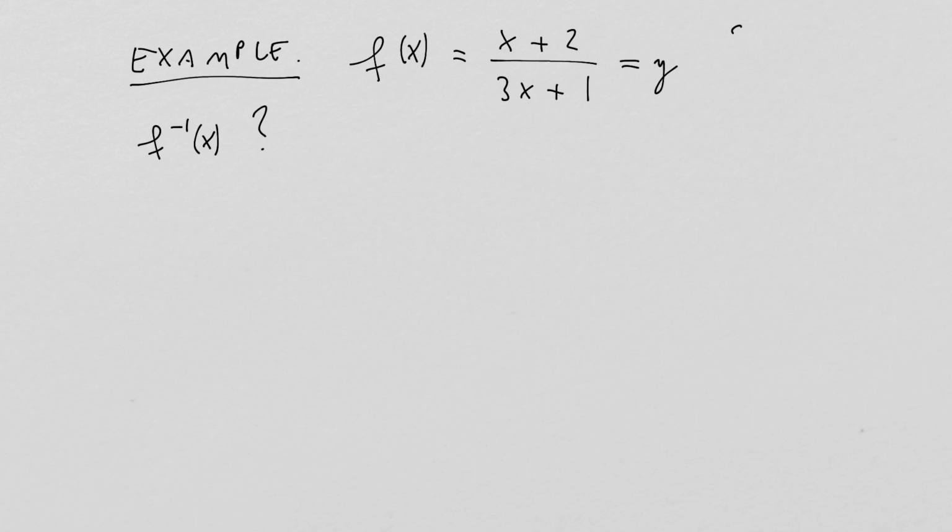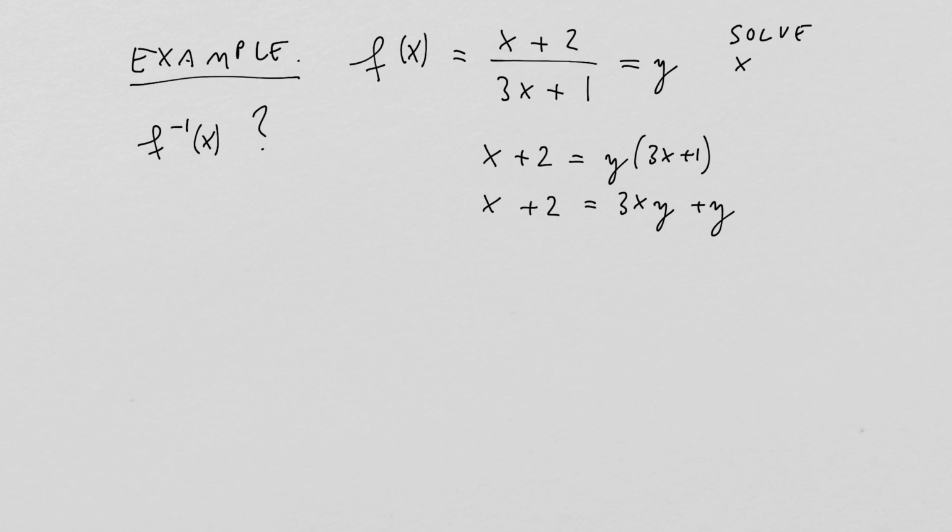And our goal is to solve x. We can multiply by the denominator. Open the parentheses in the right hand side. Shift all the terms with x to the left hand side. Take x as a common factor.